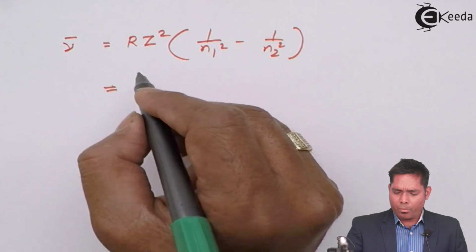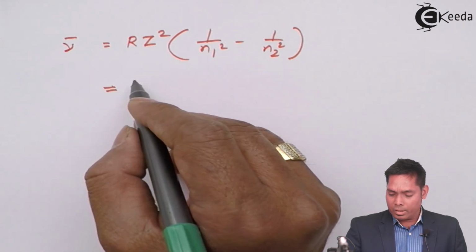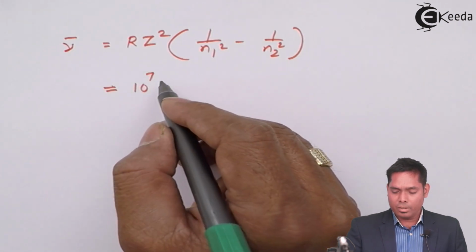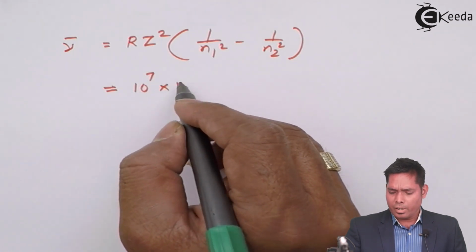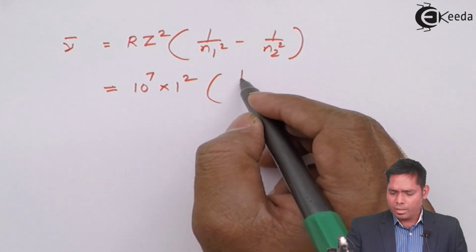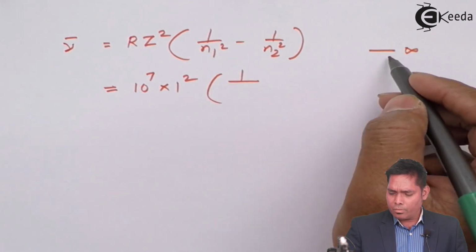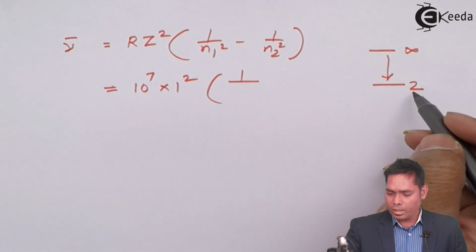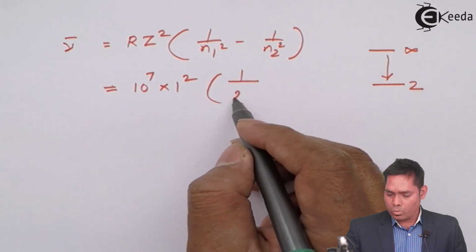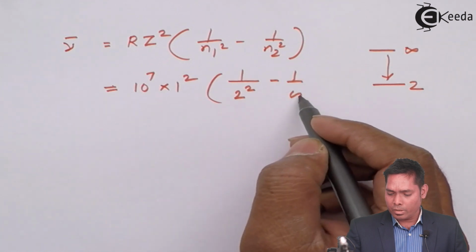The wave number for Balmer series, R value is 10 to the power 7 given in the question. Z is 1 for hydrogen atom, so it is 1 square. Transition is from infinity to 2, so n2 is infinity and n1 is 2, so it is 1 over 2 square minus 1 over infinity square.